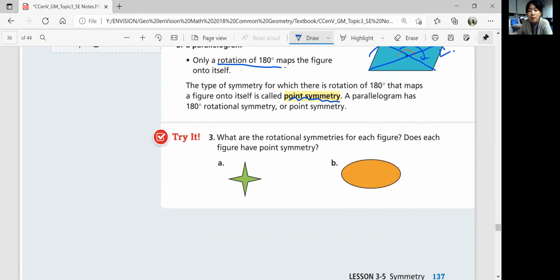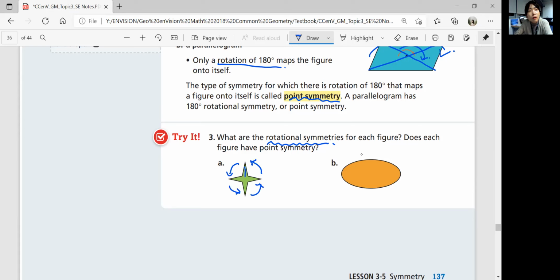Let's look at example number 3. Part A. What are the rotational symmetries for each figure? Identify the rotational symmetries. Does each figure have point symmetry? Okay. So keep in mind, this is specifically for rotational symmetries, not reflection. So can you rotate this from this point to that point? Yes. So what angle would that be?